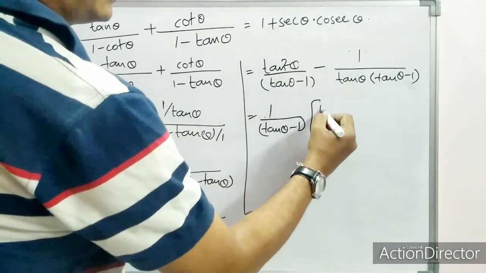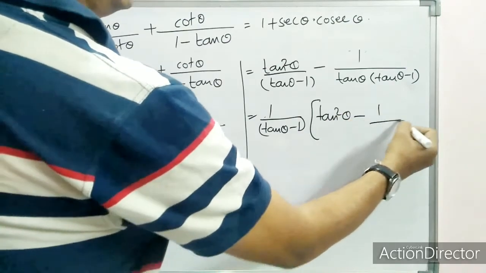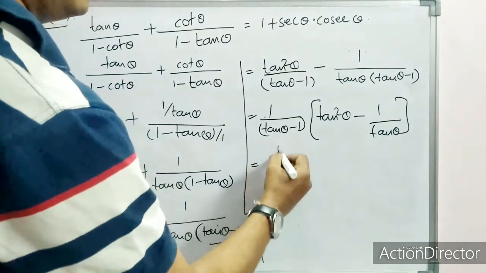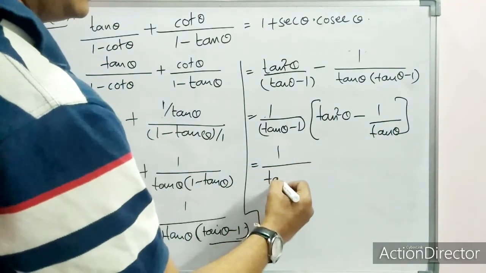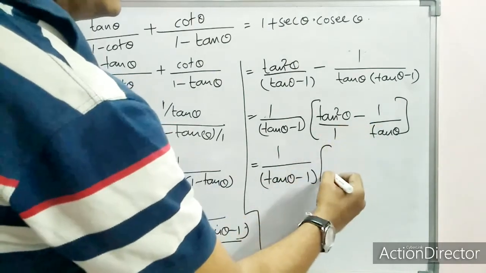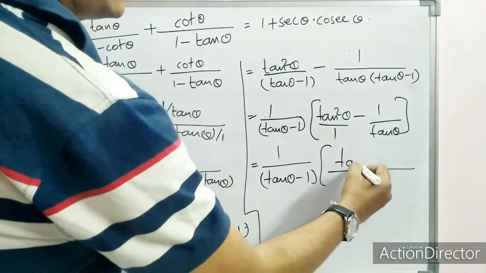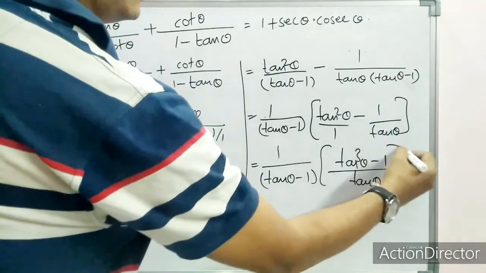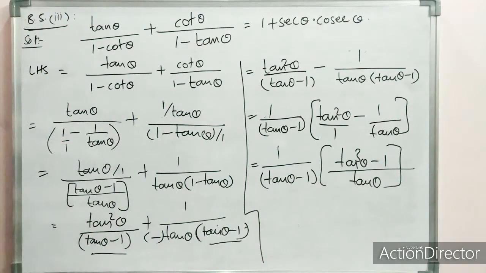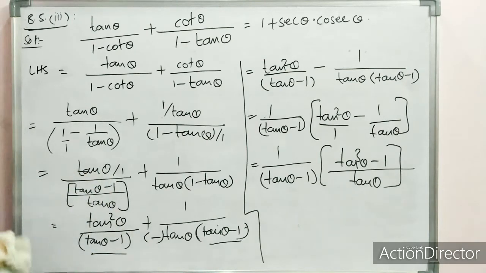Now remaining is tan square theta minus 1 by tan theta. Now this will become 1 by tan theta minus 1. If I take the LCM, it will become tan theta, and again this is tan cube theta minus 1. So just remember, note down, we'll continue, and I'm just removing this area.